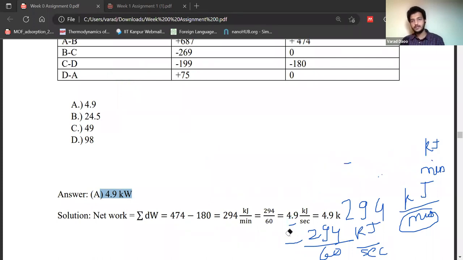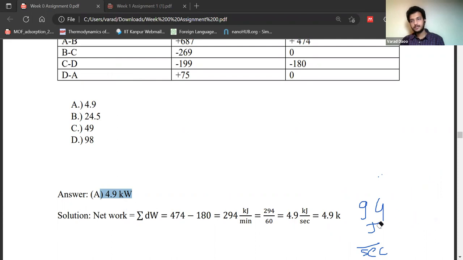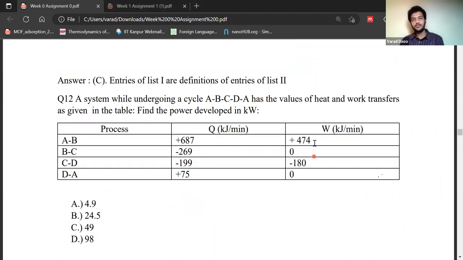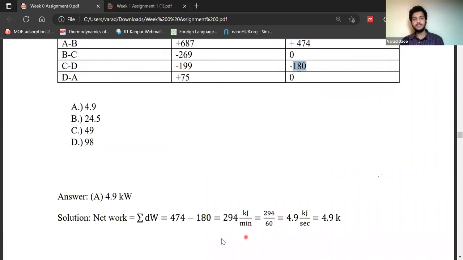So here you can see, let me first remove this. Okay, so what we have is 4.9. So what is the net work? This is nothing but power, which is 474 plus 0 plus minus 180. So here plus indicates work is taken out of the system, and minus indicates work done by the system, right?